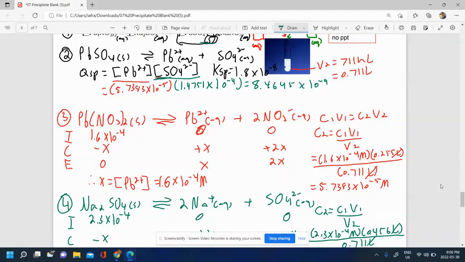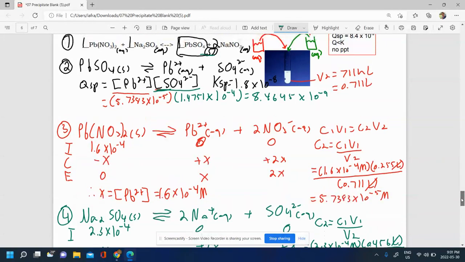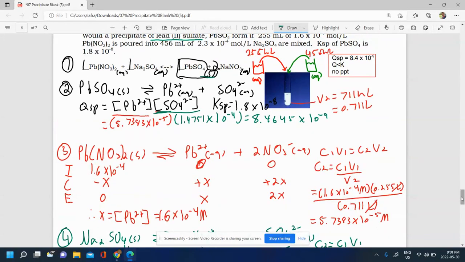As you can see here, the QSP would be to 2 sig figs, so it would be this value over here. You just have to make sure that it is to 2 sig figs. But this QSP, on the order of 10 to the negative 9, is smaller than the KSP.